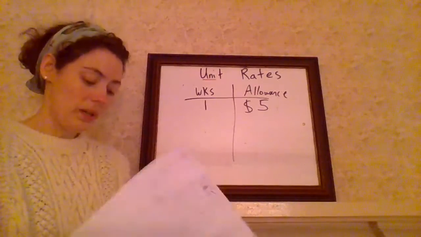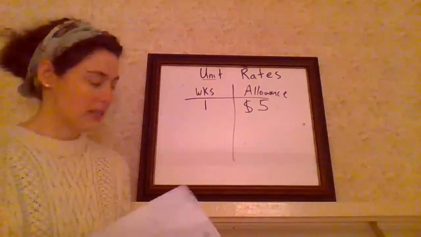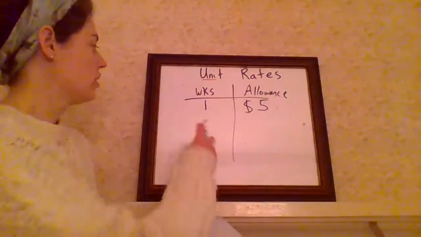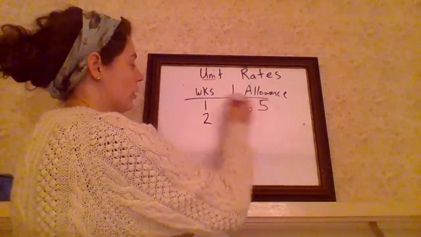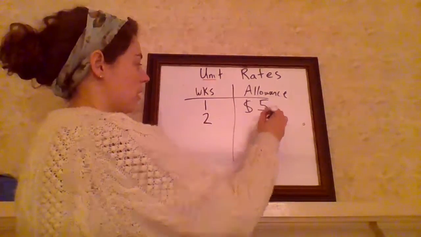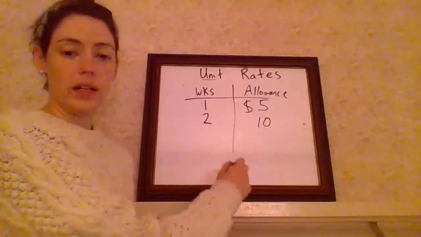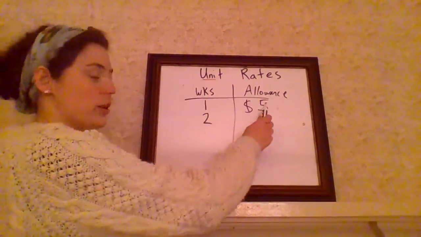what's the benefit of knowing that? So one benefit of knowing that is that it's easy to figure out a much larger number. So you guys already know how to go from 1 week to 2 weeks, so you know how to skip count by what we're counting by. So 2 weeks would be $10. And I know you could keep going on and on and on just by skip counting. So here you're just counting by ones, and here you're counting by 5.